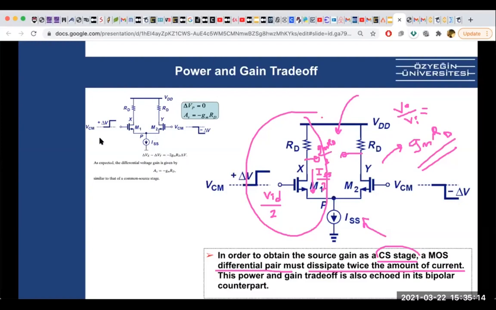When we have a small change of delta V here and a small change of minus delta V, the change in voltage, delta Vx minus delta Vy, will be minus 2 gm RD delta V. And when we divide it by the change V1 minus V2, which is 2 delta V, the 2 delta V is cancelled. So as you can see, the gain is minus gm RD. Basically, that's where it comes from. This is the same as the common source stage, but we are actually having 2 times the current.